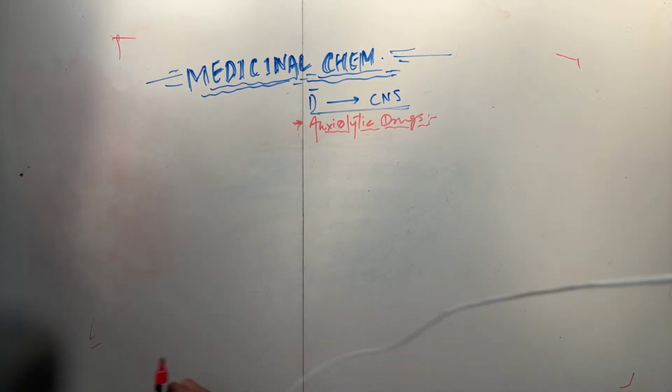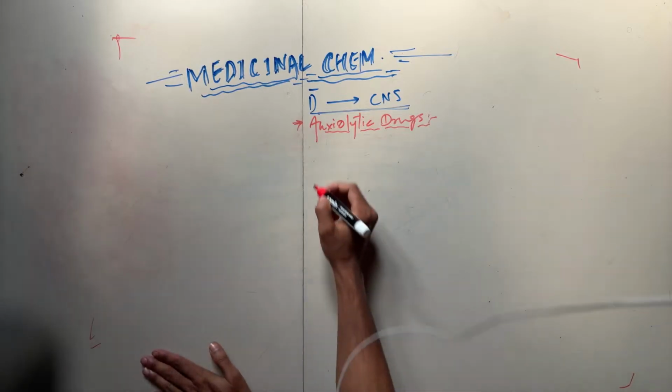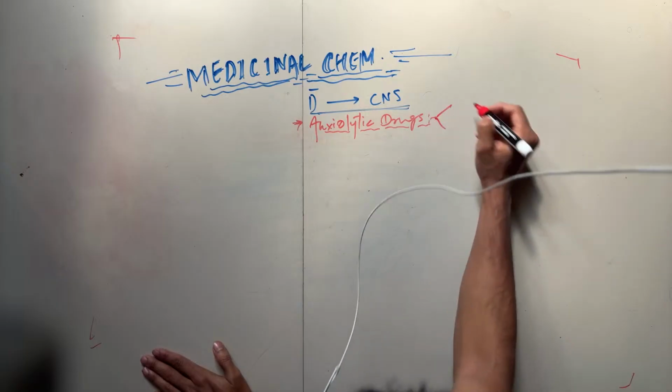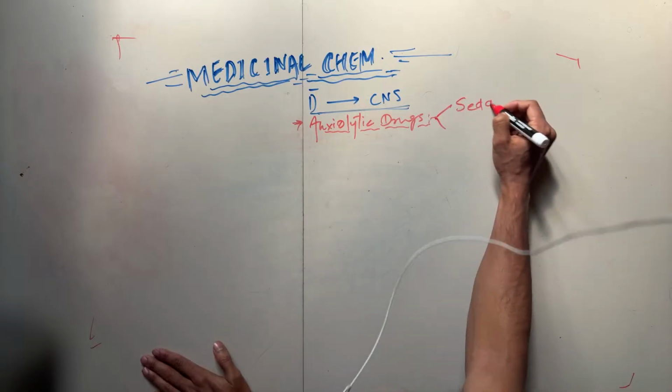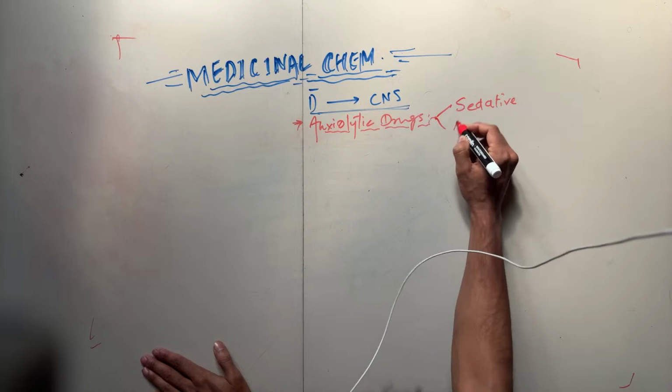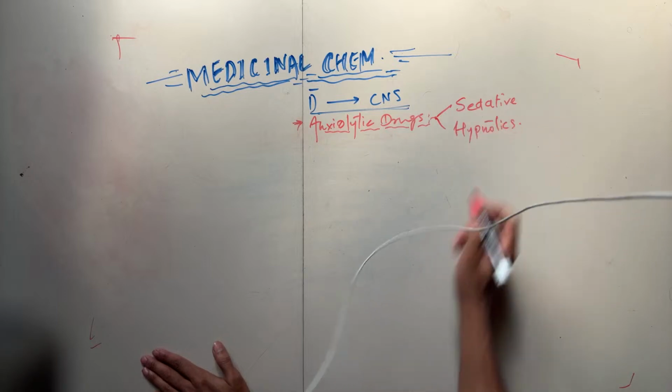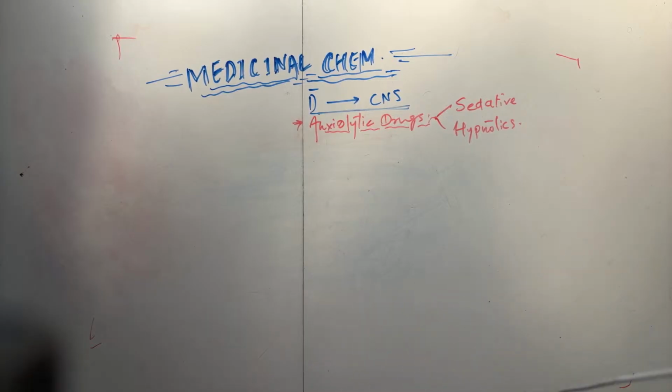Now the thing is that classes of sedatives and hypnotics. So what are the anxiolytic drugs? They are two types: sedative and hypnotics. Sedative agent and hypnotic agent, or you can say sedative drugs or hypnotic drugs.